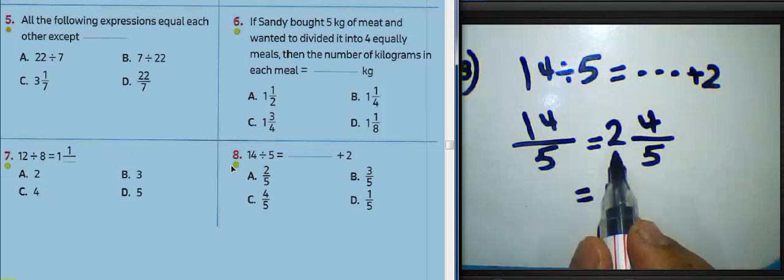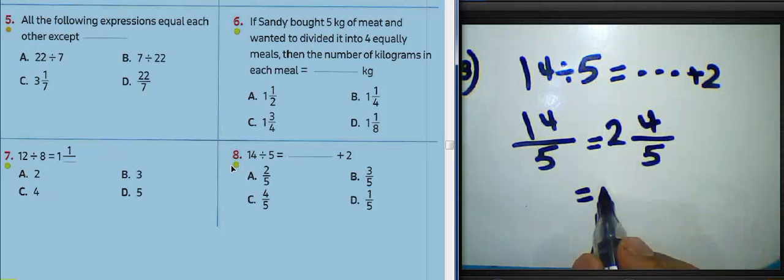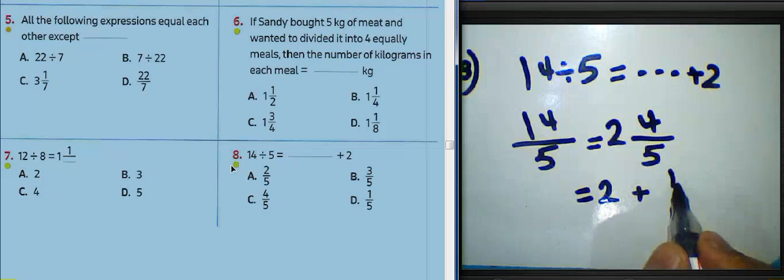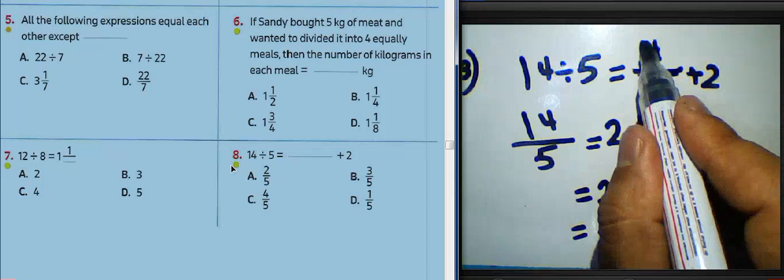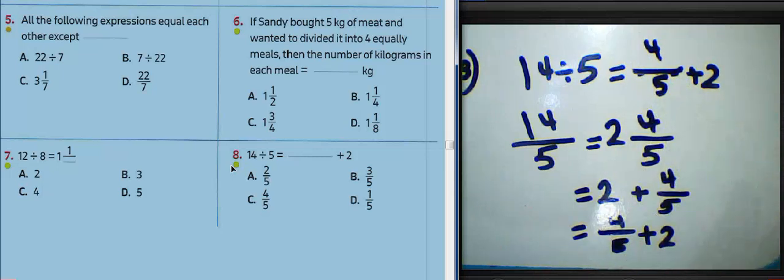So we can write 2 and 4 over 5 equals 2 plus 4 over 5. We can use the commutative property by replacing the result with 4 over 5 plus 2. So we must write here in the space 4 over 5.